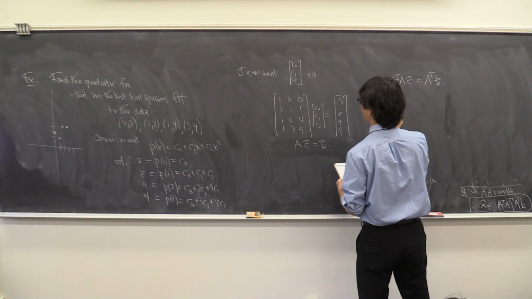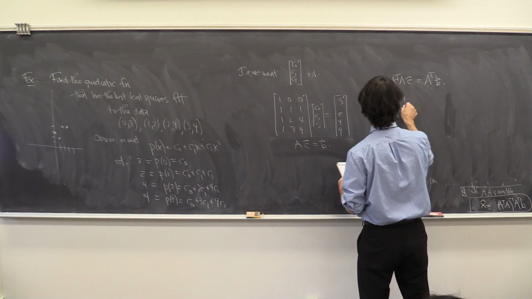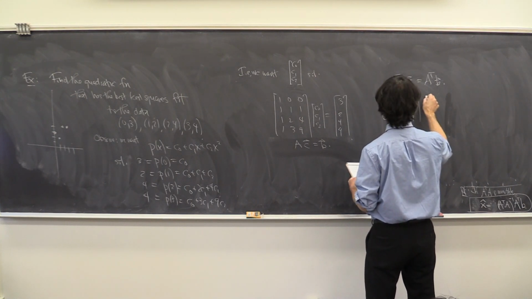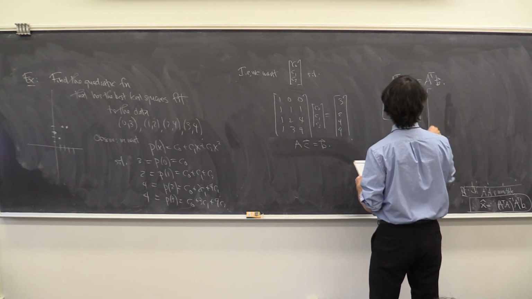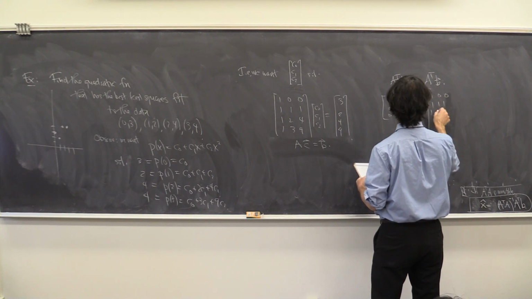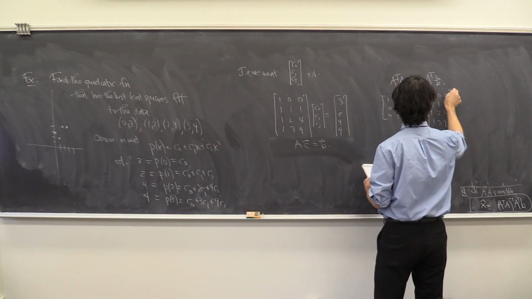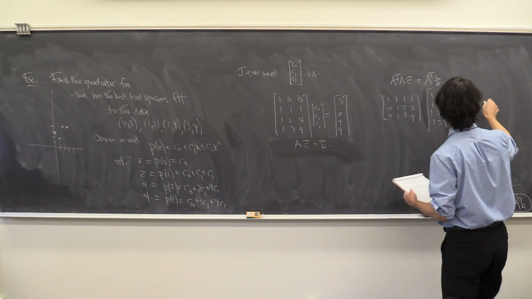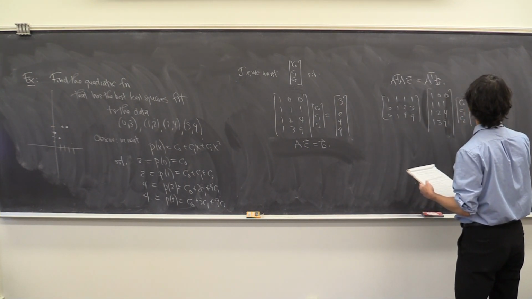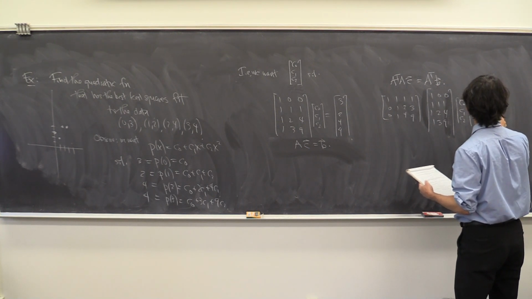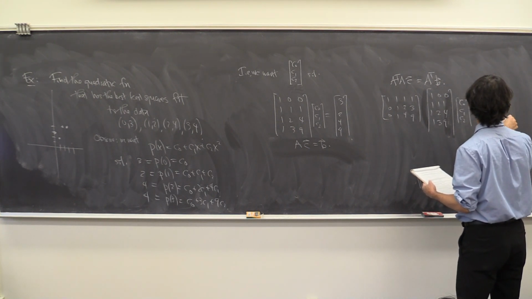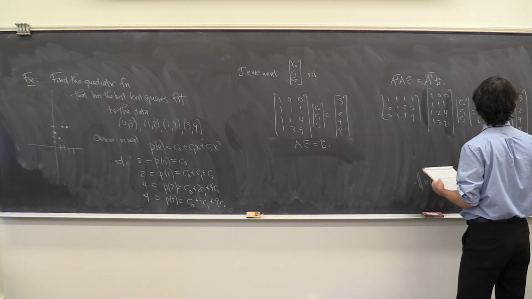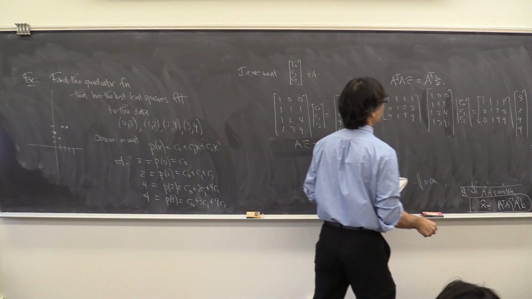So the transpose of 1, 0, 0; 1, 1, 1; 1, 2, 4; 1, 3, 9, times that same matrix, times c naught, c1, c2, equals the transpose times 3, 2, 4, 4.